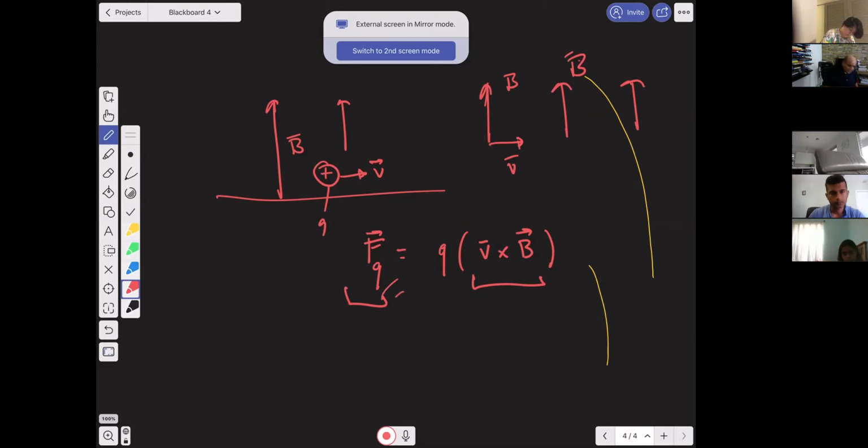Well, the cross product says that V cross B is a vector, not a number.